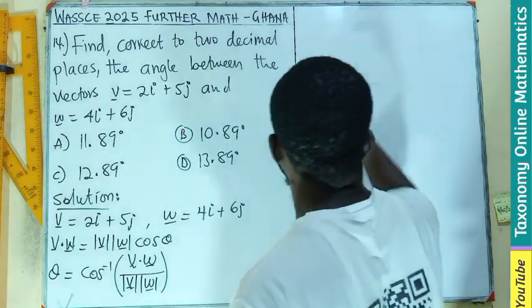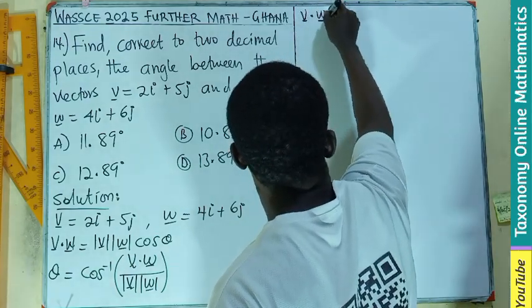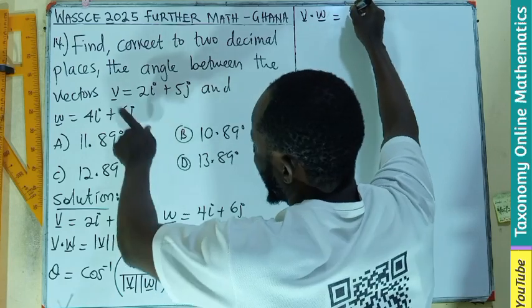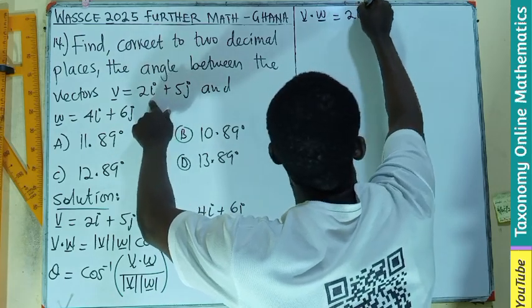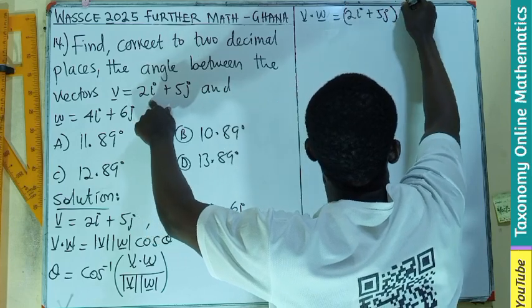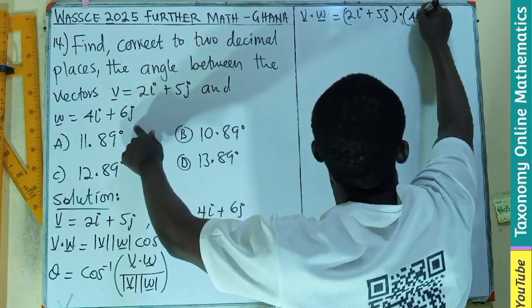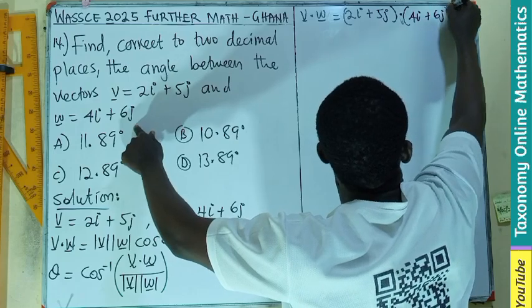Let's begin with the dot product. Remember, the dot product is going to be 2i plus 5j multiplying 4i plus 6j.